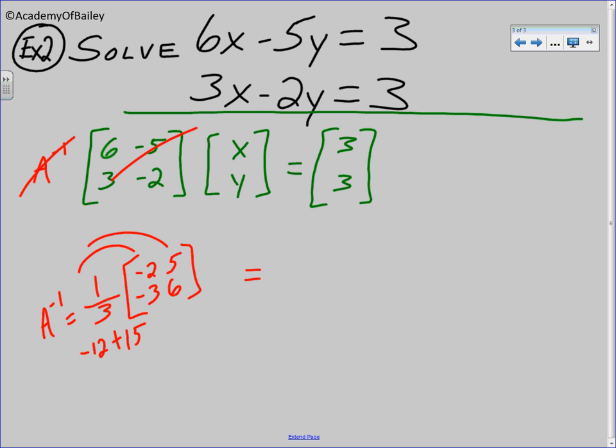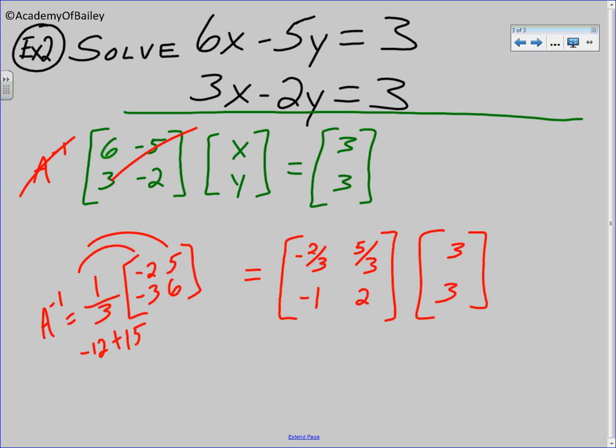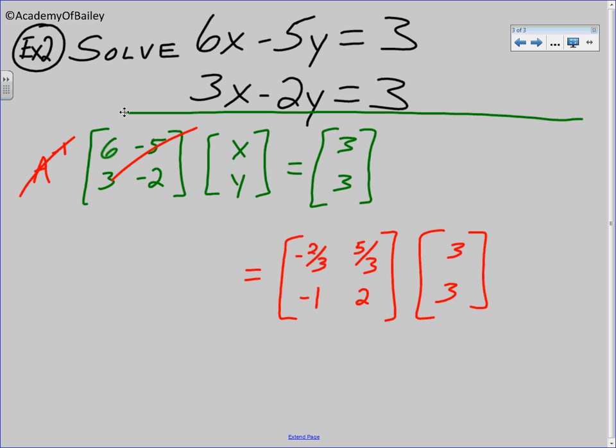I believe we get negative 2/3, 5/3. 1/3 of negative 3 should be negative 1. And 1/3 of 6 should be 2. 3 here and 3 here. All right, I'm erasing this inverse matrix work. And that should be equal to x, y.